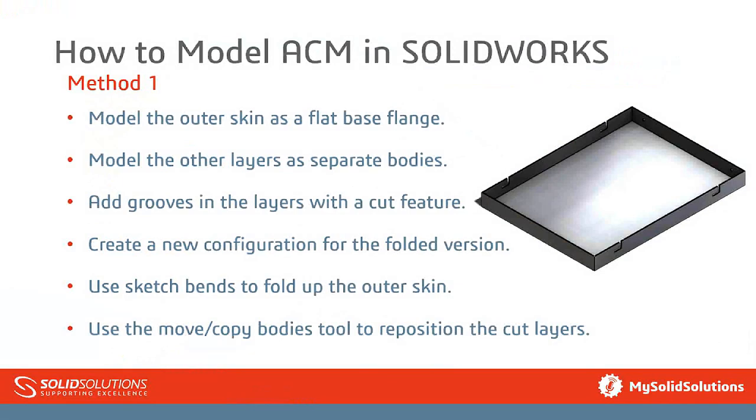It didn't have to go to that detail. We can then create new configurations for the folded and unfolded version. And I used sketch bends to fold up the outer skin. We then used move copy bodies to reposition the internal layers within the folded version. So we had two configurations.